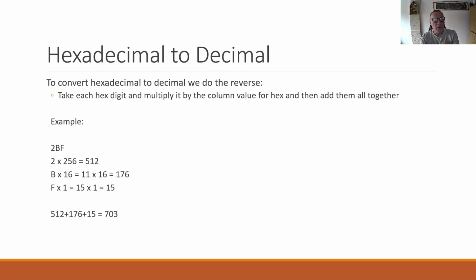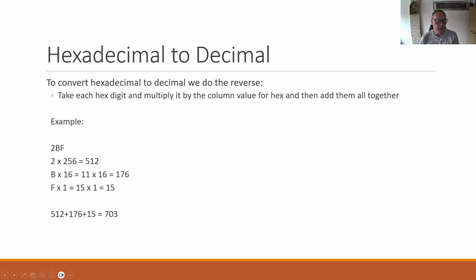Right, if we're going the other way, hexadecimal to decimal, then we can do the reverse of that process. We take each hex digit and multiply it by the column value for hex, and then we add them all together. So in this case, say we had 2BF, we need 2 times the column value, which in this case is 256.